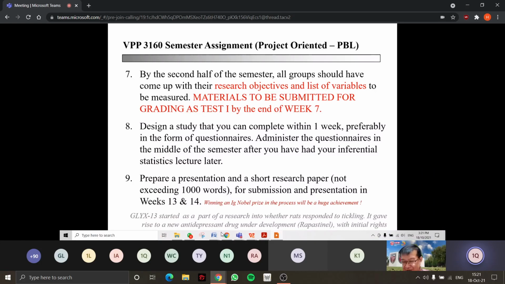So these are the kind of things that I want you to be able to gather, because at this particular stage, like what I've told you earlier, the first few weeks I'll be telling you what research is all about. You may be able to form some objectives, some hypotheses, and beyond that, this hypothesis should be justified or linked to variables. For example, you want to show that the drug works against pyrexia.